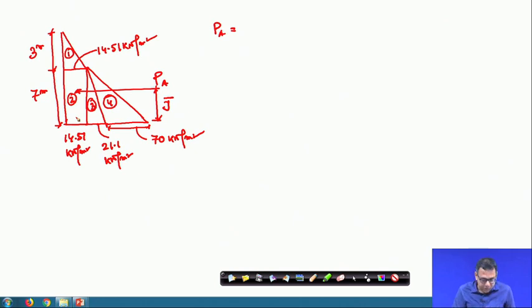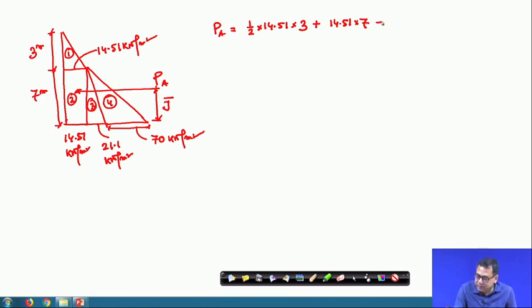The first part is a triangle, so this will be half into 14.51 into the H 3. For the second part, it is a rectangle, so this will be 14.51 into 7.